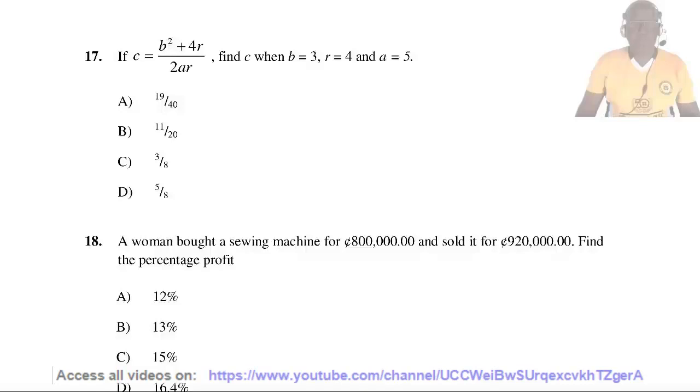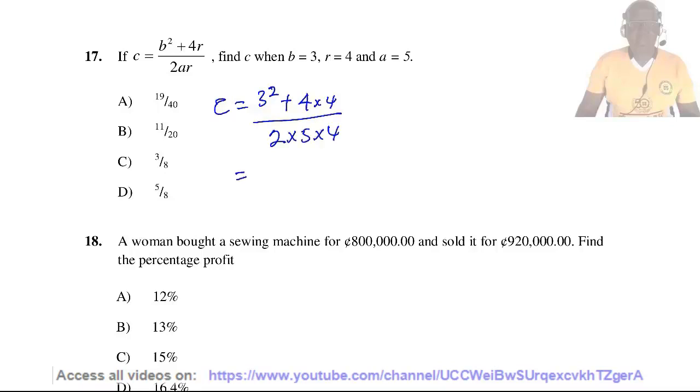Question 17. If C equals B squared plus 4R all divided by 2AR, find C when B equals 3, R equals 4, and A equals 5. We shall substitute B, R, and A into the equation. C equals B squared, that's 3 squared, plus 4R, that's 4 times 4, R is 4, then 2, A is 5, and then R is 4.